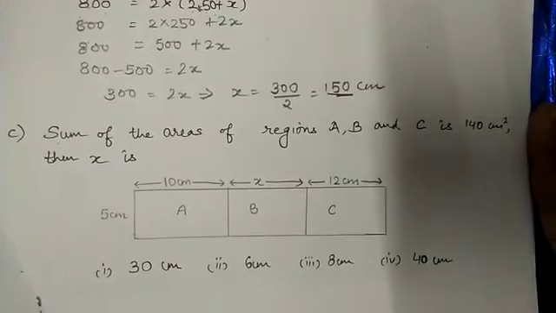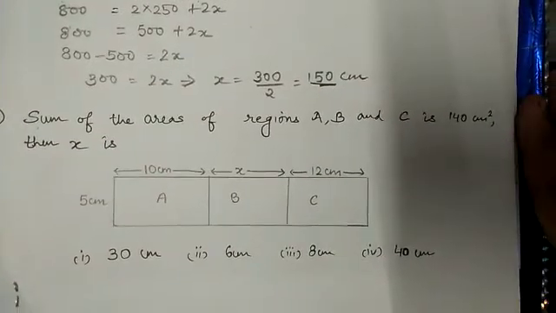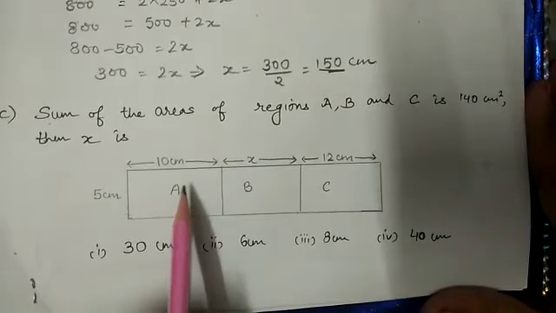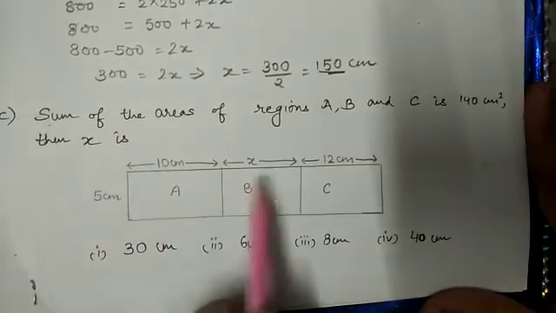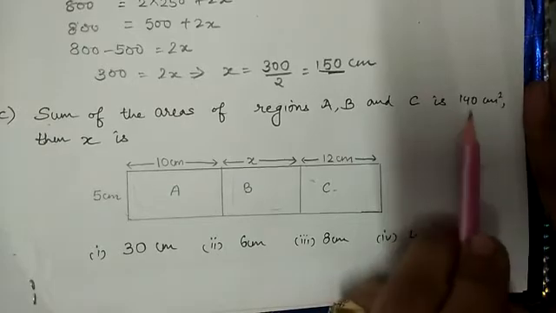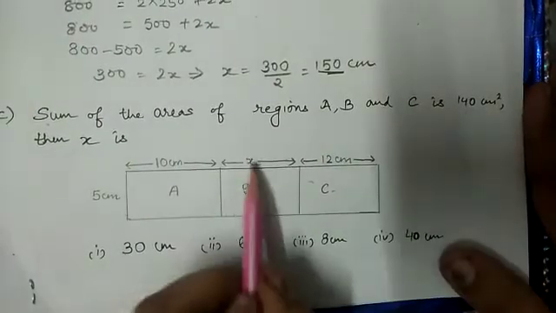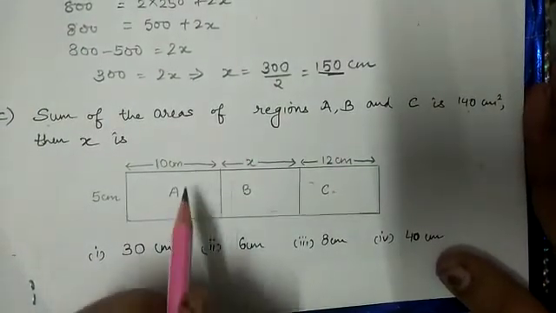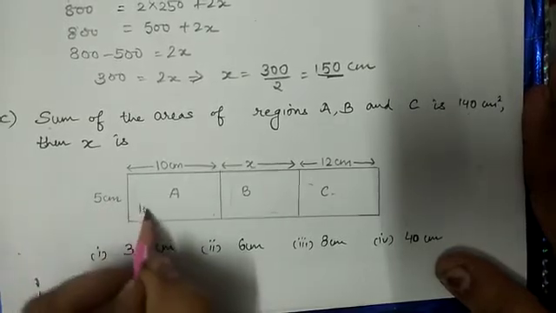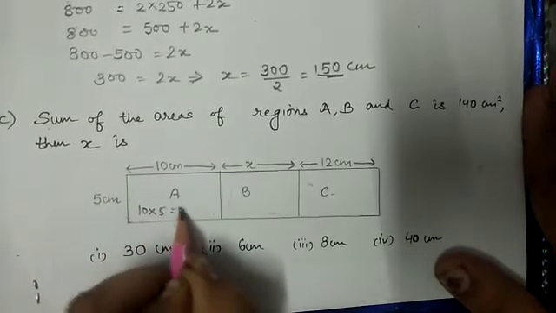Now, next question. Sum of the areas of regions A, B and C is 140 centimeter square. Means when I get the area of A, B and C and add these three, I will get 140. We are to find the value of x. In figure A, we are given length and breadth, so we can find the area. 10 5s are 50.